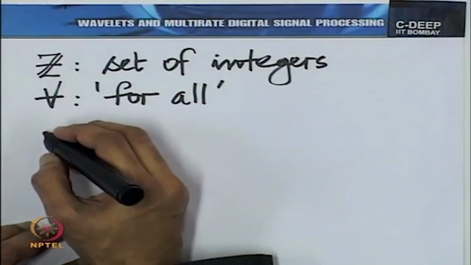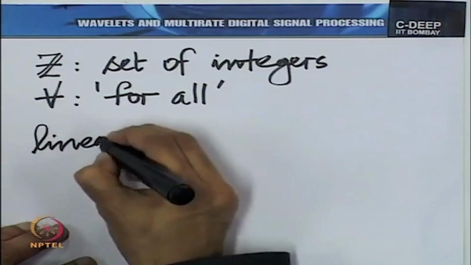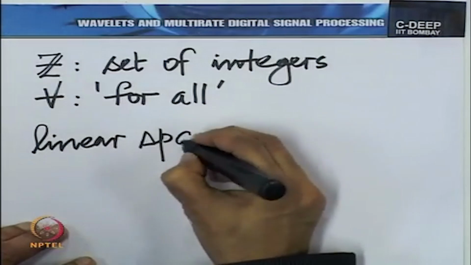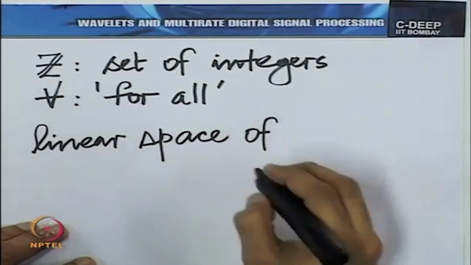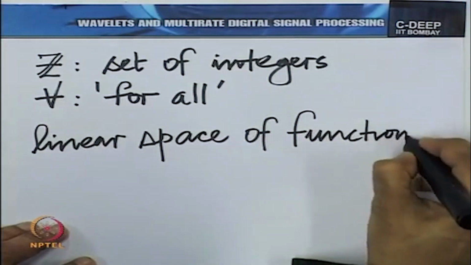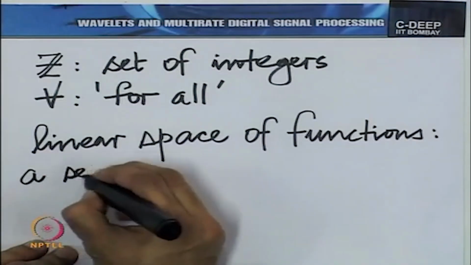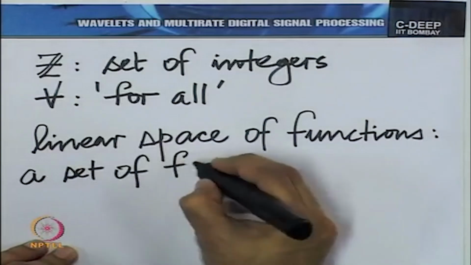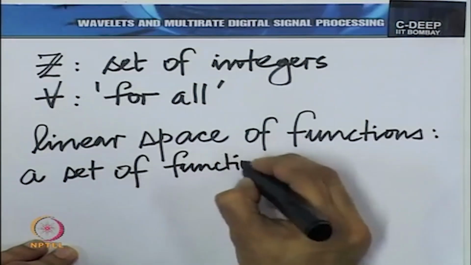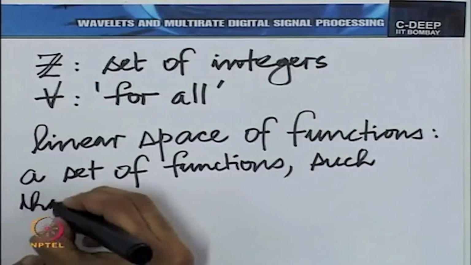In general, we would say any linear combination. So, we say a set of functions forms a linear space if it is closed under linear combinations. So, a linear space of functions is a set of functions such that linear combinations fall in the same set.